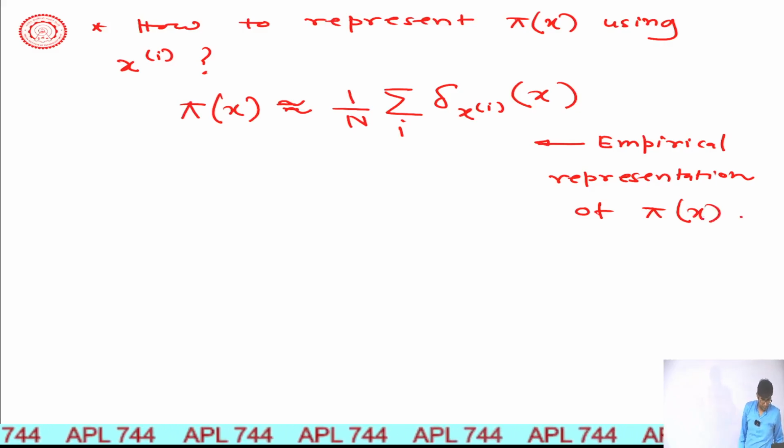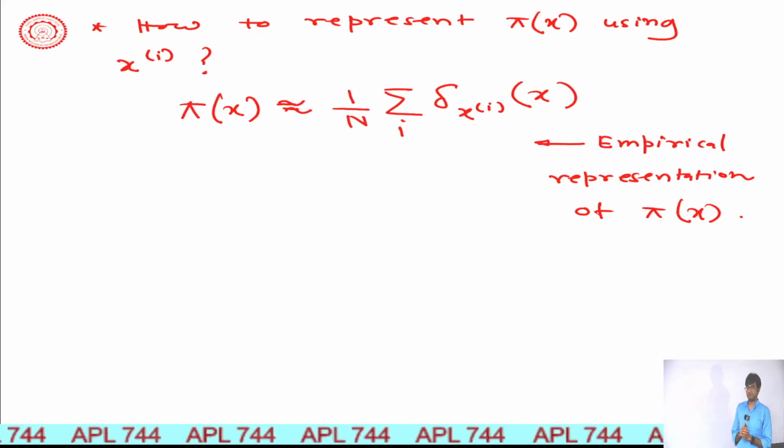Yes. So I have some distribution pi x, right? From there, I have drawn n samples. Now those samples, when I have drawn, can they change? They are fixed. So they are deterministic. What is the PDF of a deterministic sample? Delta.